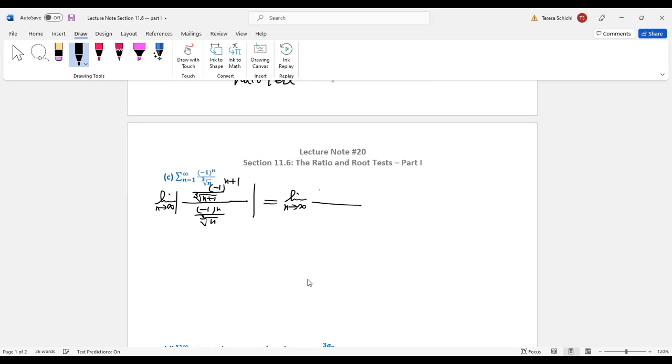So I can just say it is the cube root of n plus 1 over the cube root of n, and you flip it.